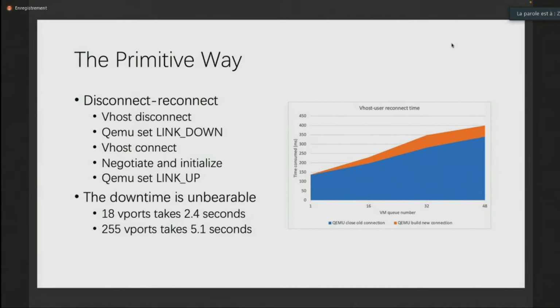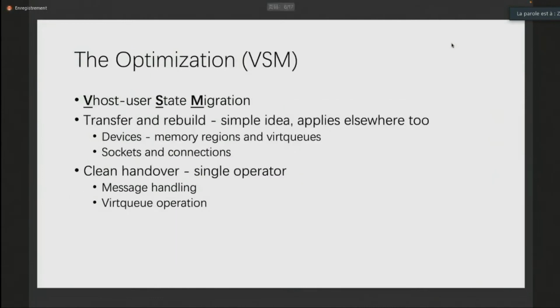Okay. So naturally we try to optimize the downtime, and to make sure that the guest is unaware. Basically, the way we can think about it is to take out the renegotiation process.